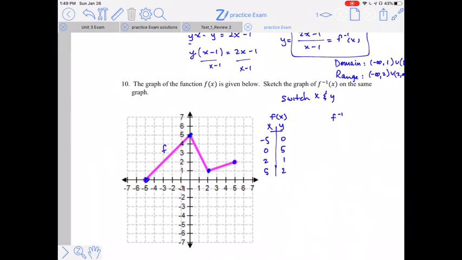So then to find the inverse, we just switch all the places of x and y. So instead of negative 5, 0, it's 0, negative 5. Instead of 0, 5, it's 5, 0. Instead of 2, 1, it's 1, 2. And instead of 5, 2, it's 2, 5.